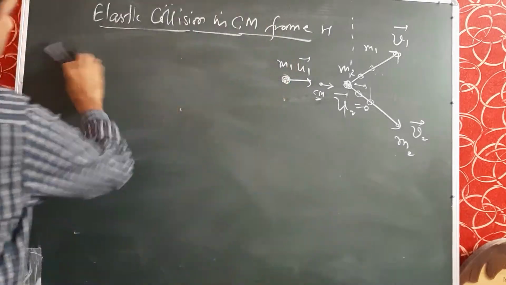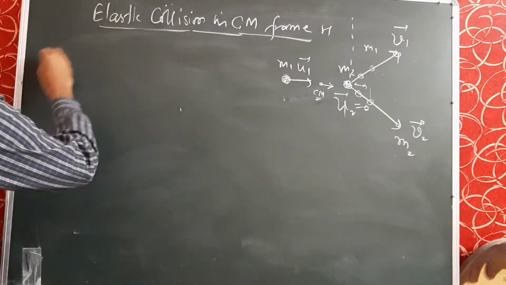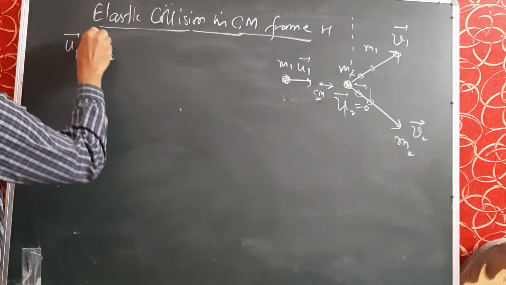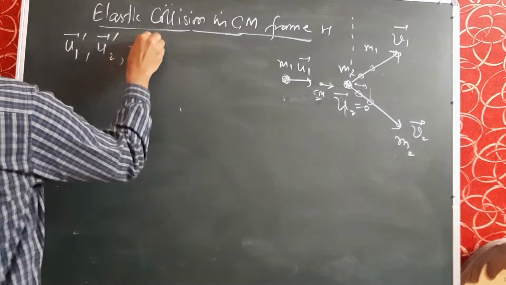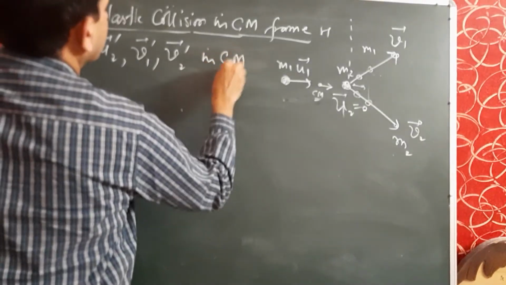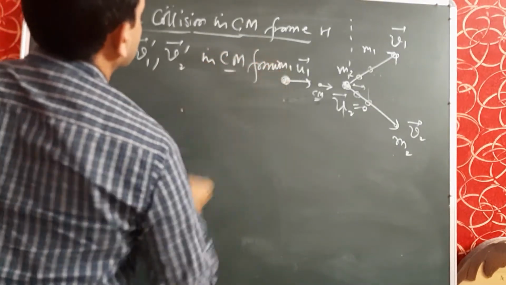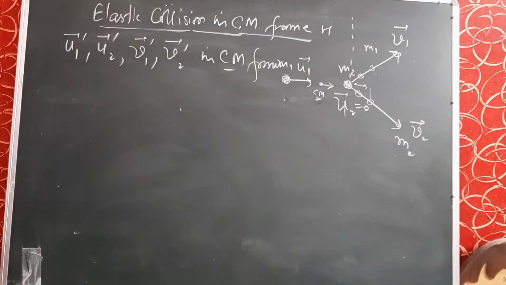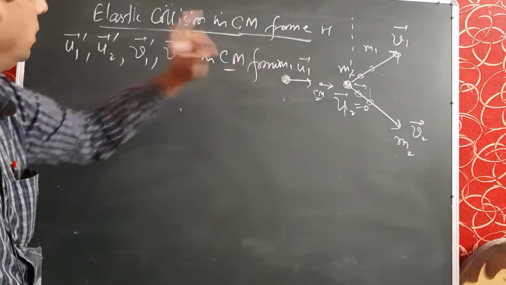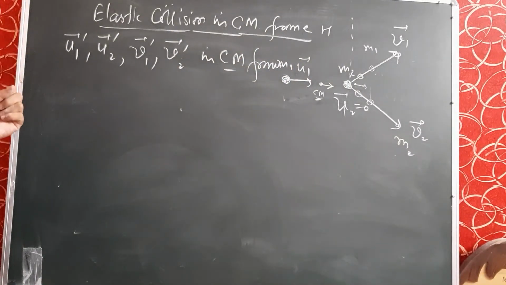Now, let the velocities of these particles be u1 dash, u2 dash, v1 dash and v2 dash in the center of mass frame. The first particle is moving with velocity u1, but that is with respect to the lab frame, while in the center of mass frame the velocity of the first particle is u1 dash.